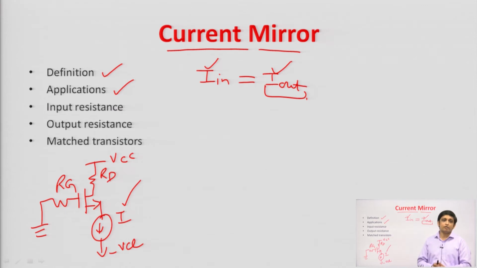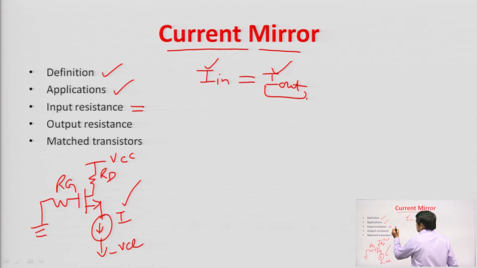The advantage is when we use this current source, that is the current mirror in the biasing circuit, then that biasing technique becomes independent of beta and the temperature. There I had discussed this point, that is just the application of this current mirror. This current mirror is used to design this current source, fine.